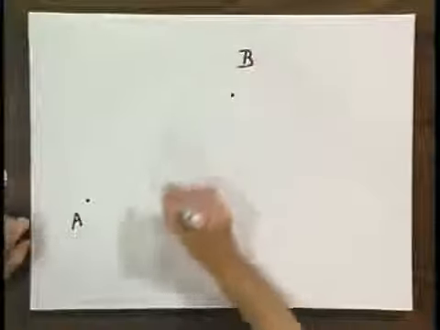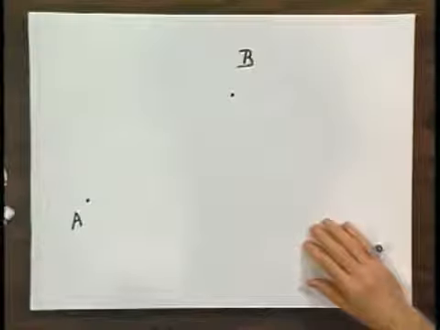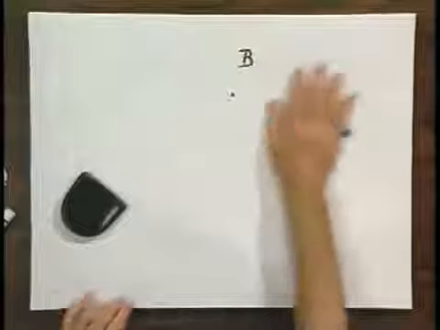Let's look at this a little bit closer. I go from A to B. I have an object. Here, I have my purse here. There it is. And there is friction.